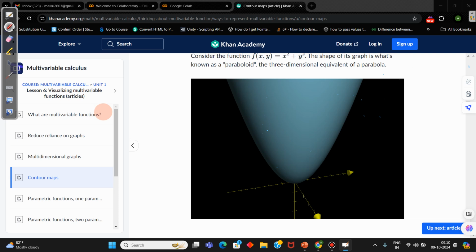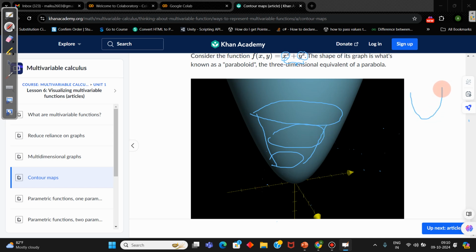I can give you a slight idea. We all have learned in two-dimensional space that 2-degree functions represent a parabola, and the equation x square plus y square represents a circle. So there are a number of circles like this you can imagine going on, but the circle size is increasing according to a parabolic equation.